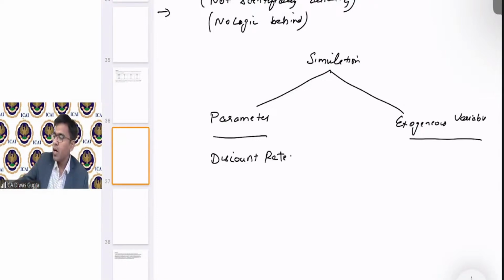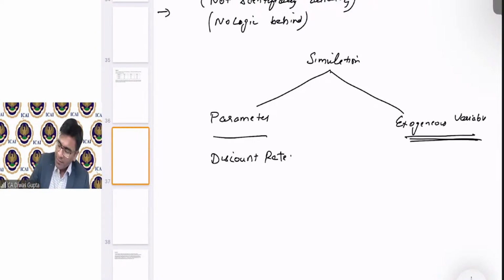Discount rate is kept the same. We are not going to change the discount rate in whatever simulation we do, because we are not simulating for different discount rates. We are simulating for different cash inflows, cash outflows, different cash flows, right? And this is something that is decided by us.